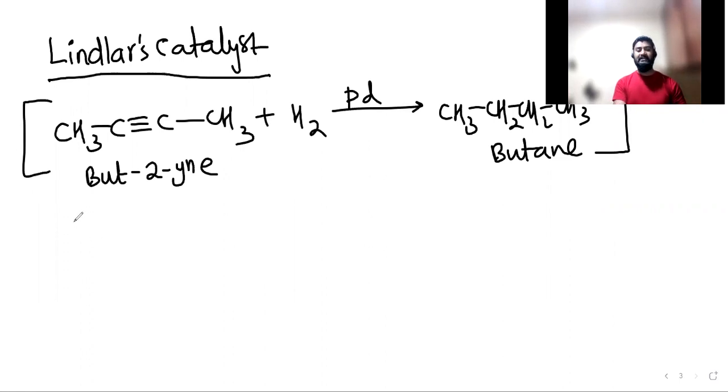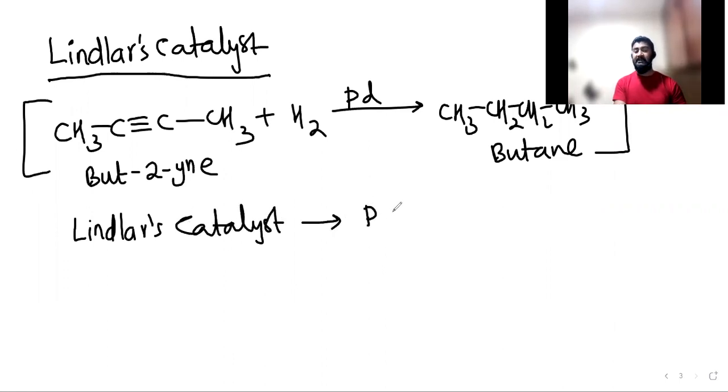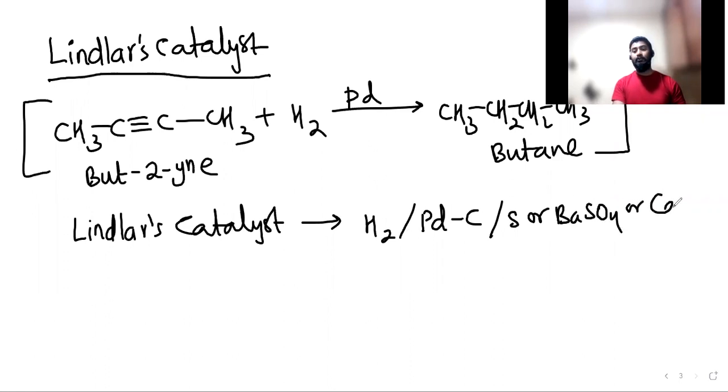But what we do in Lindlar's catalyst is, we basically use a poison accelerant. So we use palladium, right? We use hydrogen, and we use palladium, but this palladium is not the normal one. We basically put some poison in it, such as sulfur or barium sulfate or CaCO3 or quinoline.